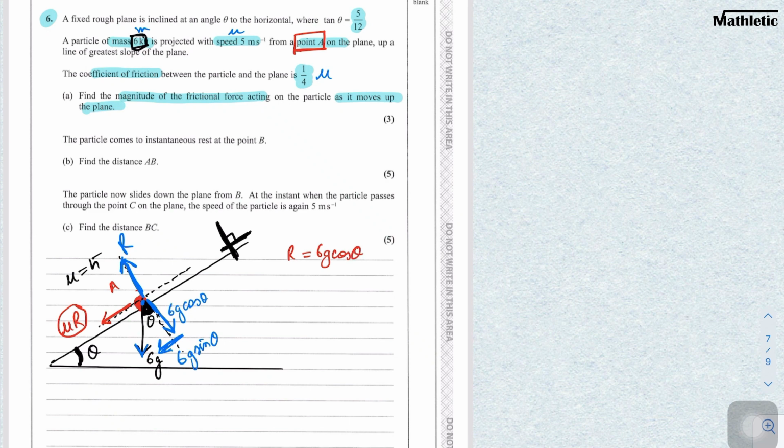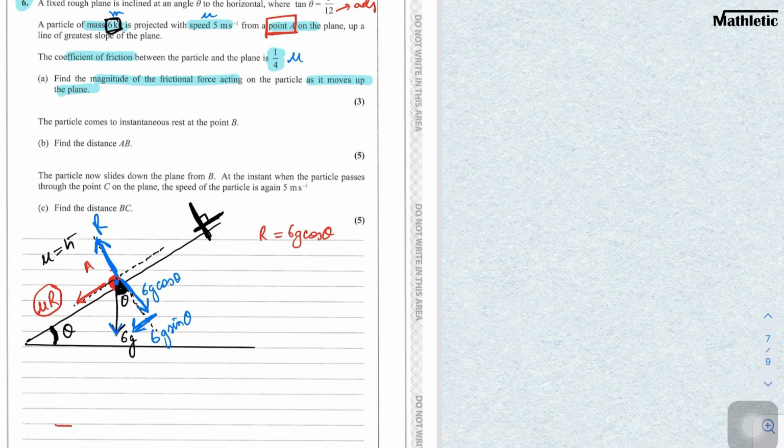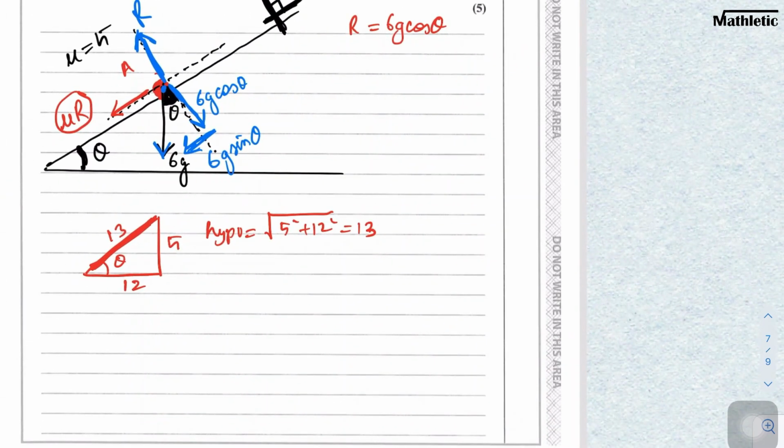So we need the values for cos theta and sin theta. It was given that tan theta is 5/12. Tan is opposite by adjacent, so 5 is the opposite side and 12 is the adjacent. If I draw a triangle and use Pythagoras, the hypotenuse is the square root of opposite squared plus adjacent squared, which gives 13.